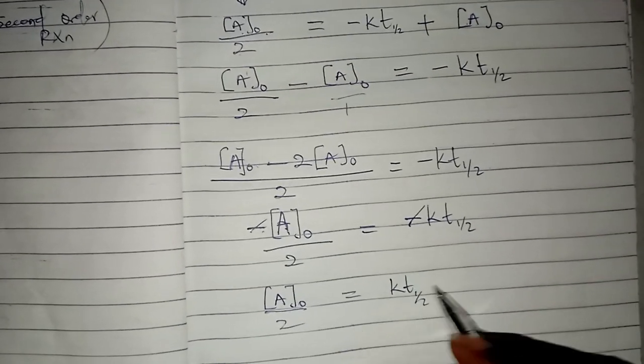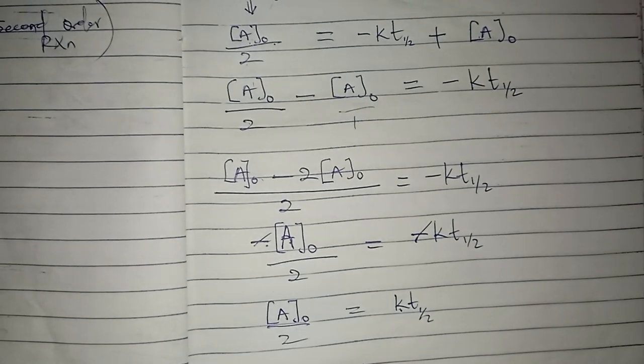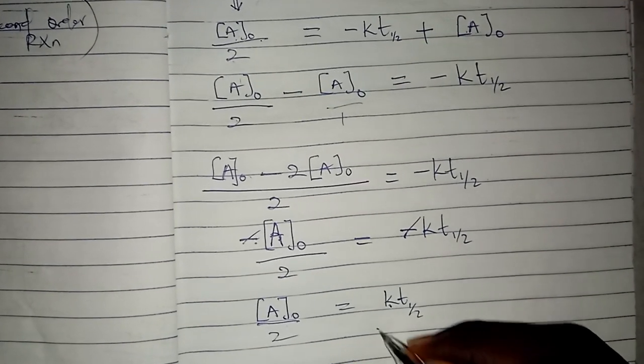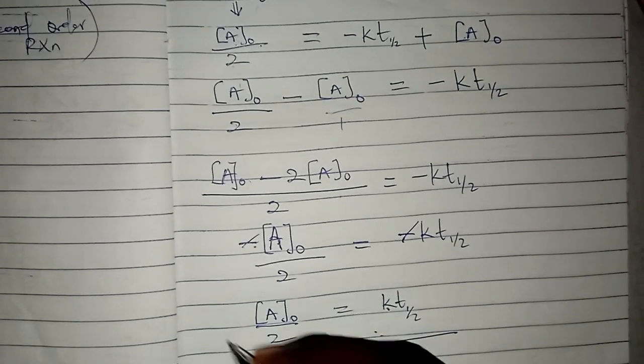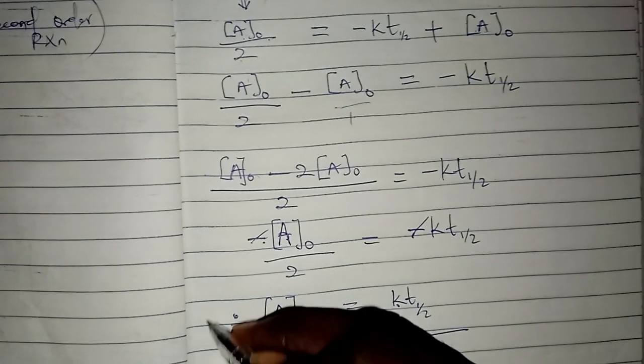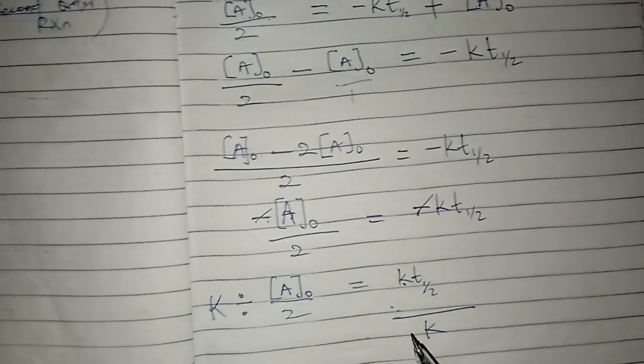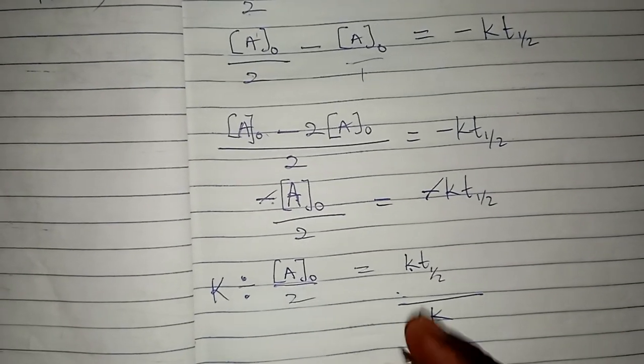You can see that I can now carry K and come here. That is, divide both sides by K. So I have divided by K, then this one divided by K. I want you to get it this way, because if I come and put this, you might think I'm dividing by a fraction.